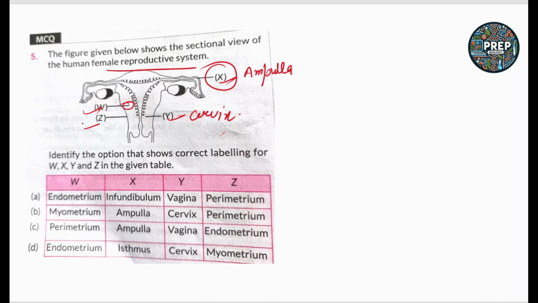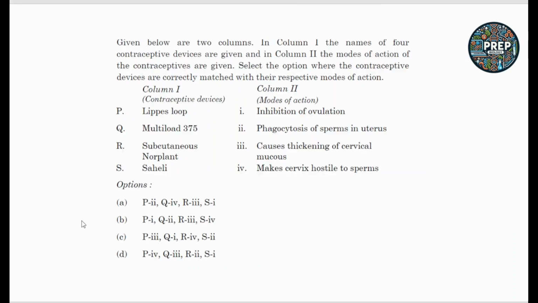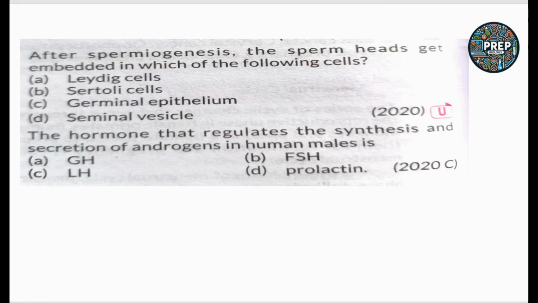This is the W, the myometrium, the layer of the uterus, and Z is the perimetrium. So the answer of this question is answer number B. W is myometrium, X is ampulla, Y is cervix, and Z is the perimetrium. These kinds of questions have also been asked in previous years. These are two questions that were asked in your 2020 board examination.